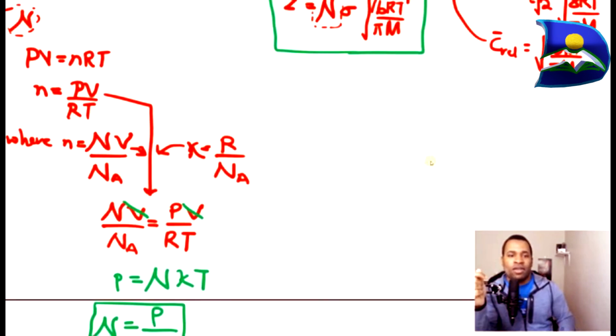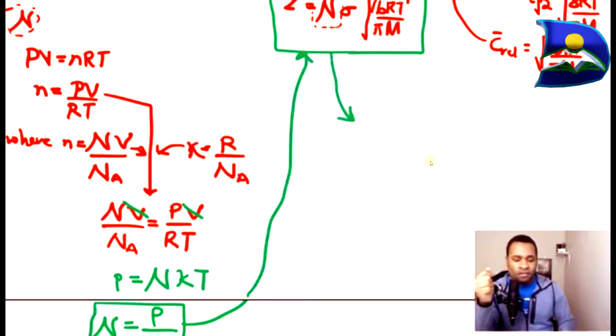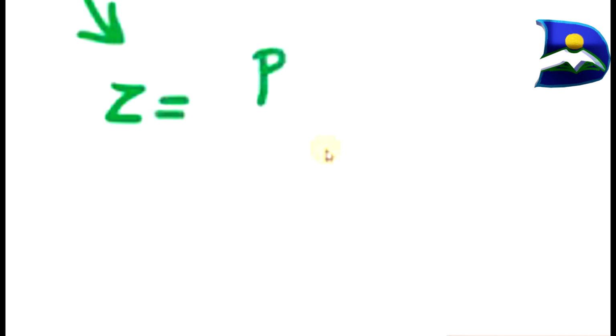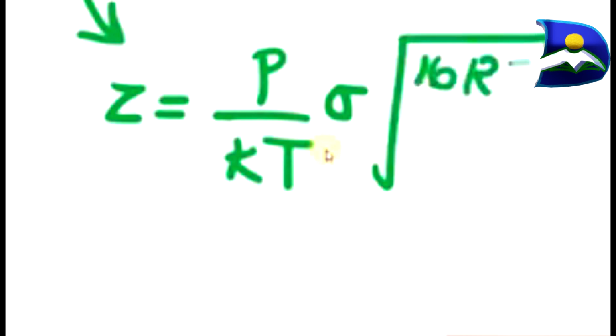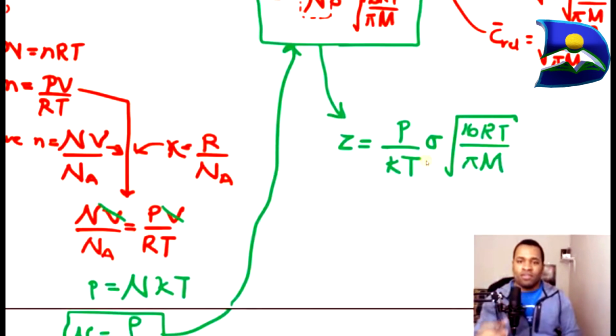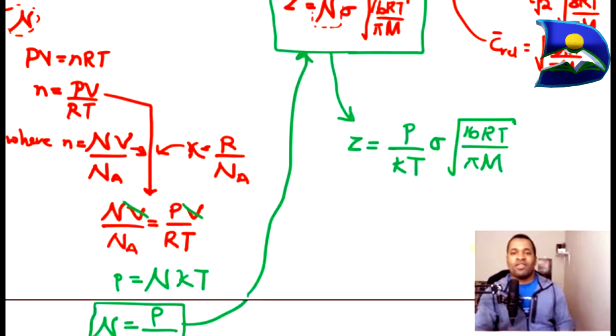So putting this in here would then lead us to our new expression for Z, which is now equal to pressure over our Boltzmann's constant multiplied by the temperature, and all this is multiplied by the cross-section area, and this is all multiplied by the square root of 16RT over pi times the molecular weight.